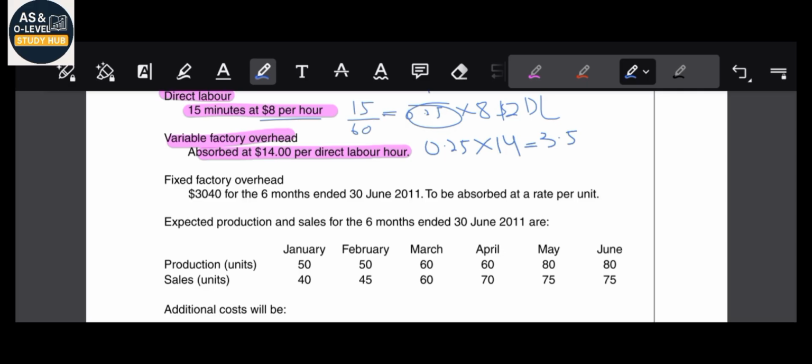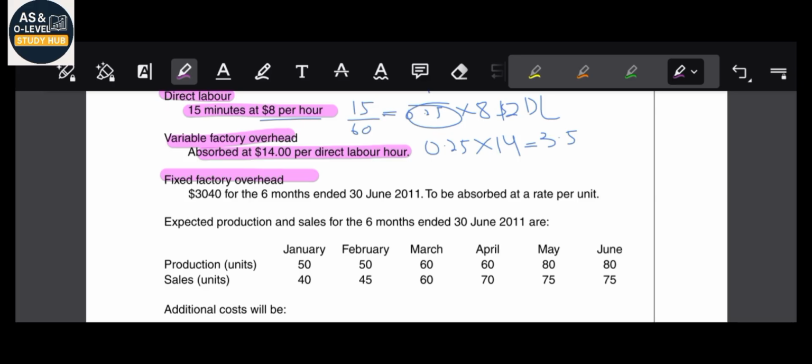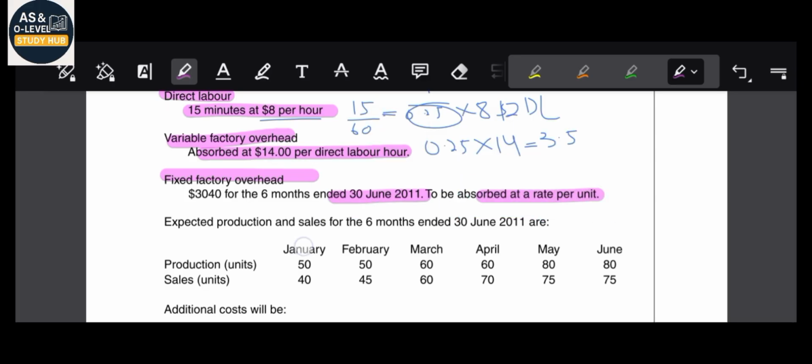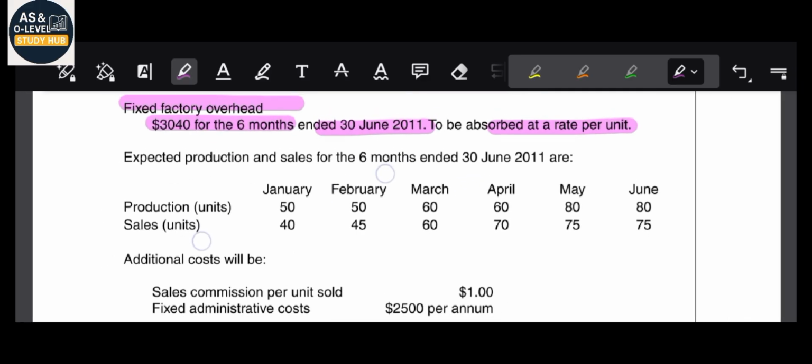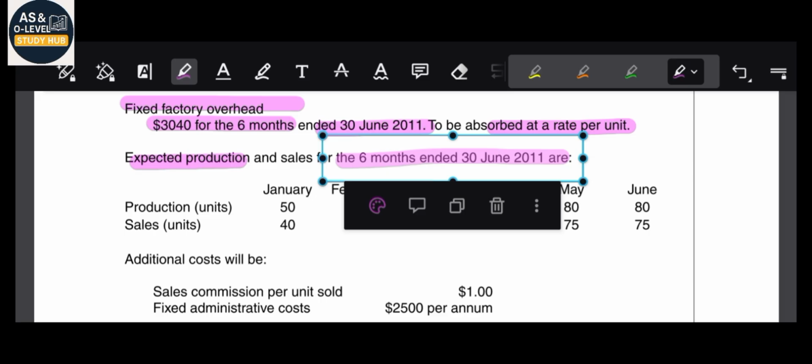Then we will see fixed factory overheads, 3040 for the 6 months ended 30 June, to be absorbed at the rate per unit. There's nothing new here, there's no calculation to do. Then we have expected production and sales for the 6 months ended 30 June 2011. What is expected production?